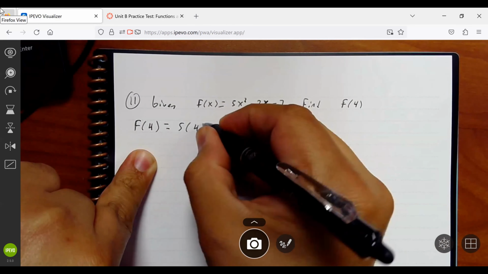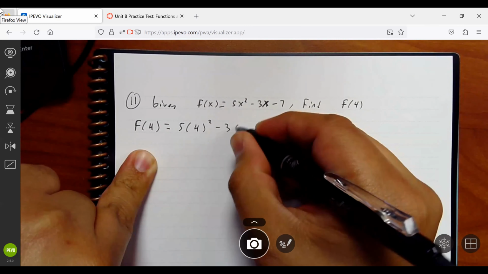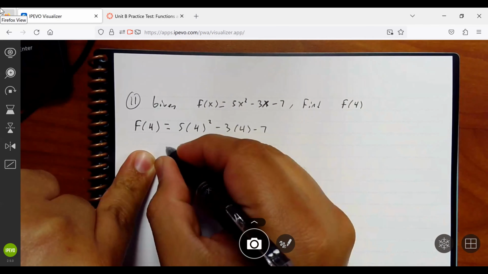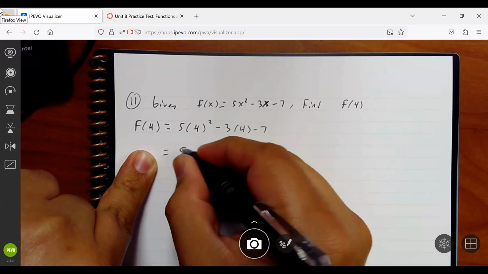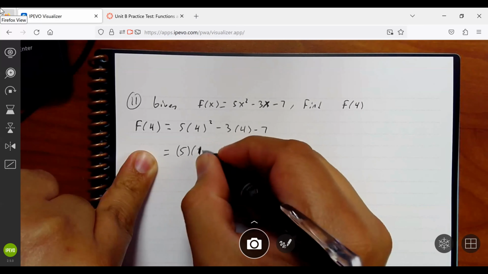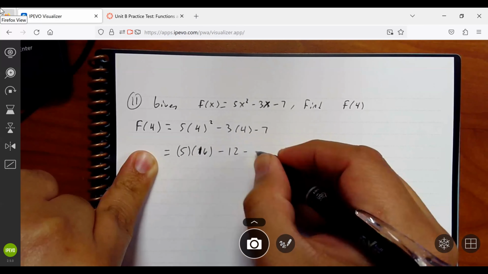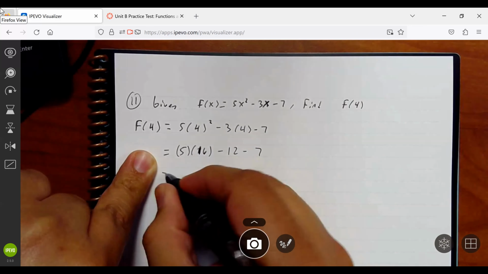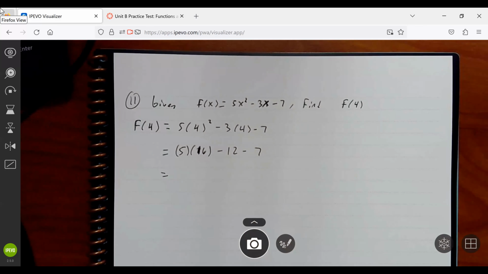Okay, well, I don't know. Plug it in. See what happens. 5 times 16 minus 12 minus 7. What is that? I don't know what that is.